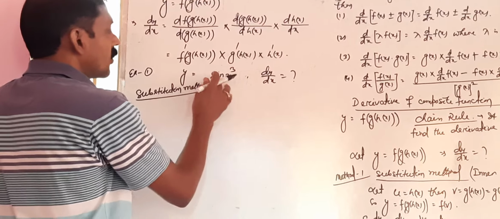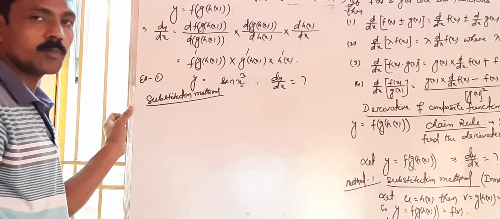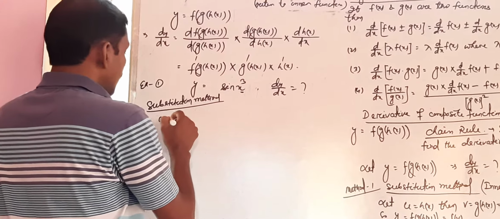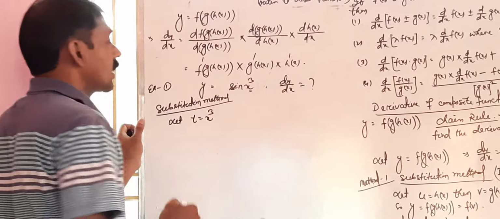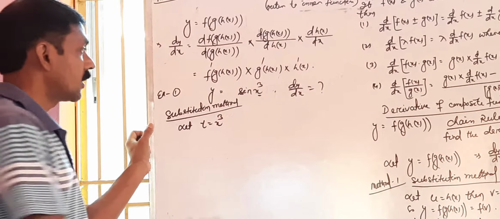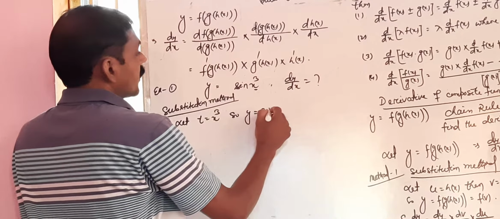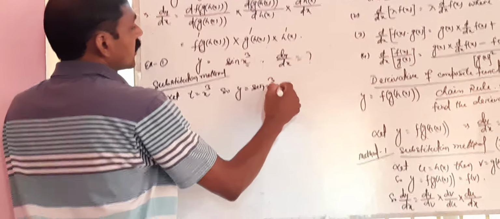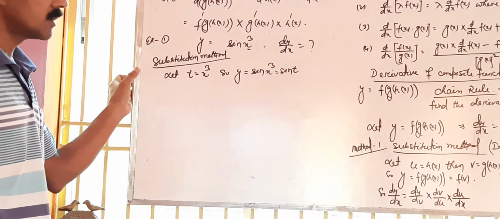In substitution here two functions are there. One is trigonometric, another is algebraic, x cube. Here we can write that t equal to x cube. Okay, t is x cube. So y will be sin x cube. That means x cube is t, y is sin t.